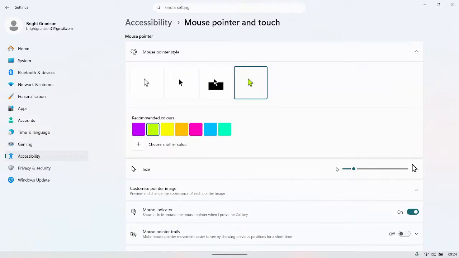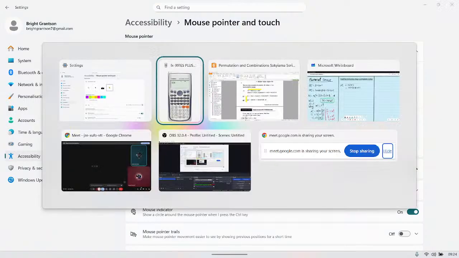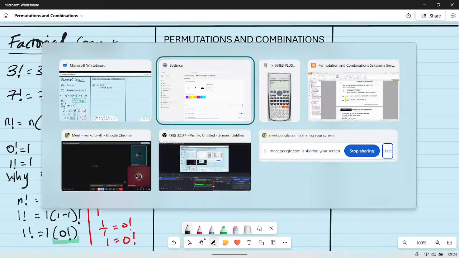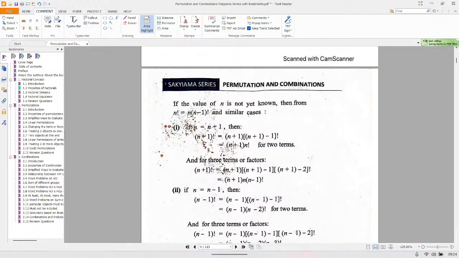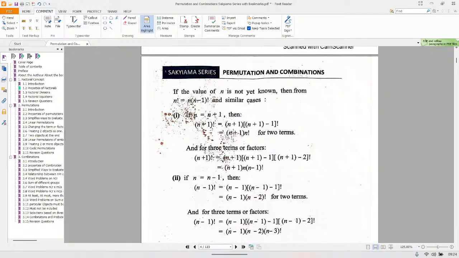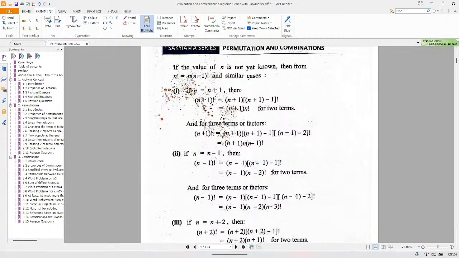Okay, so let's continue. Now if the value of n is not yet known, then form n factorial equals n times (n minus 1) factorial in similar cases.